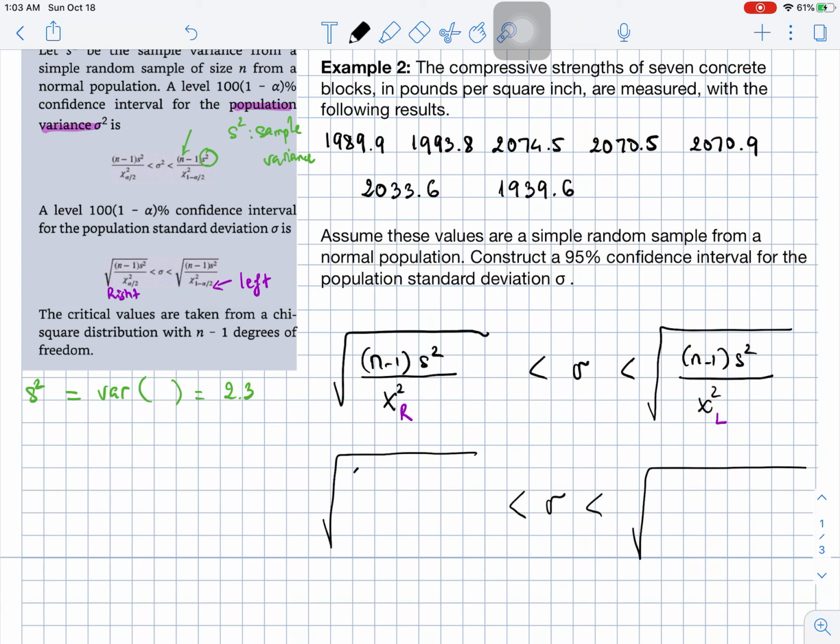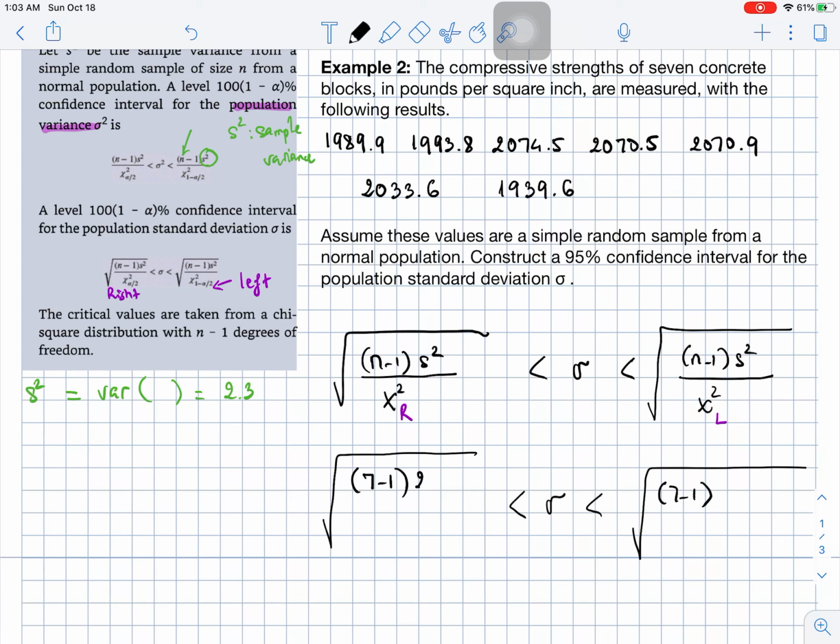Now we will plug in the numbers. So we have 7 concrete blocks, so n is 7. We're going to put 7 minus 1. And then s squared is the variance for the sample. The 7 concrete blocks are the sample. You will use equal STDEV if you want to find the standard deviation.